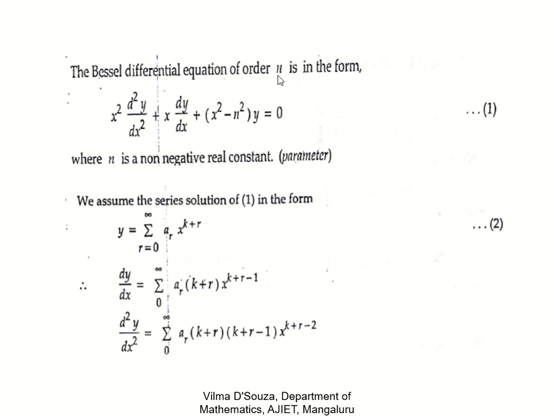Bessel differential equation of order n, that is x square d square y by dx square plus x dy by dx plus (x square minus n square) y is equal to 0.